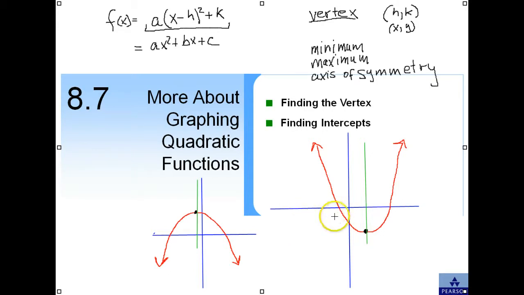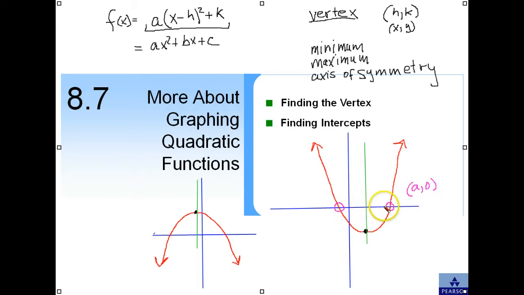Now, there's one other thing I want to point out before we leave this slide, and that is our intercepts. Now, for this parabola, where will this parabola cross the x-axis? Right there and right there. So these are the x-intercepts, a comma 0.